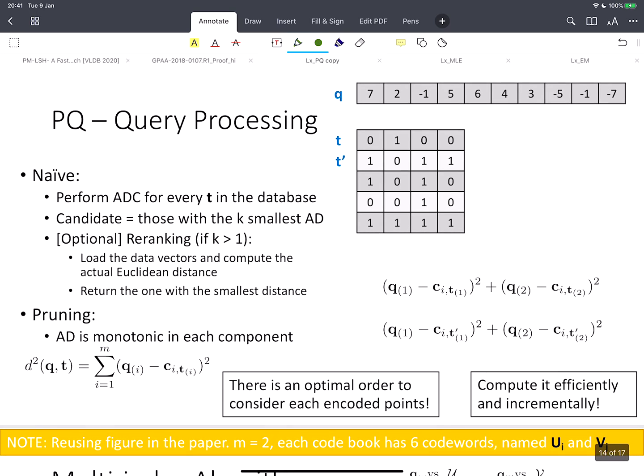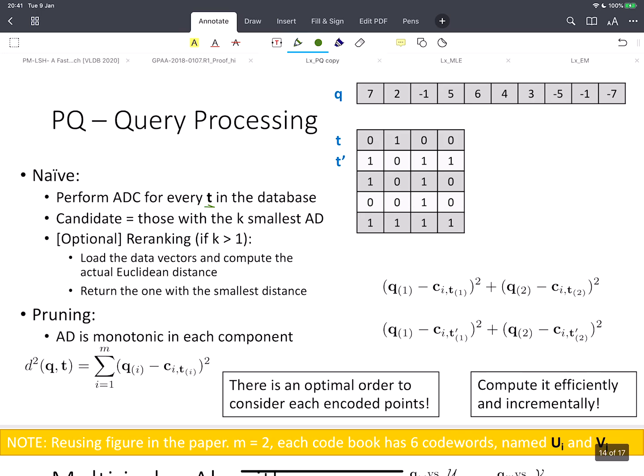So how do we do query processing? It's similar to vector quantization if you don't have any good way to do it. The general idea is that instead of the distance to the object, you use the distance between the query point and the physical center.